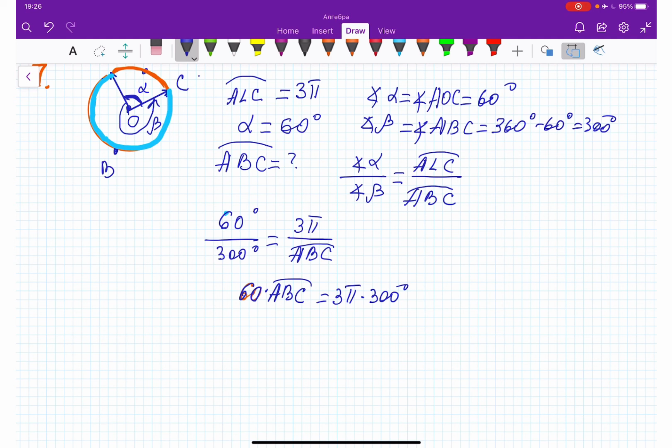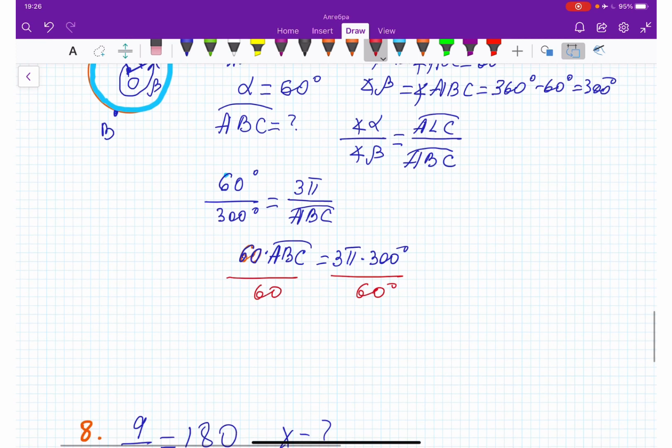Okay, to find ABC, I need to divide by 60, right? Which means here also I need to divide by 60. So this 60 and 60 is gone.